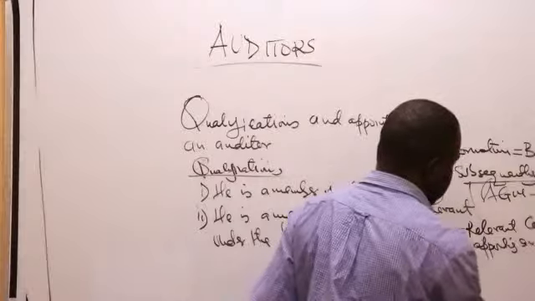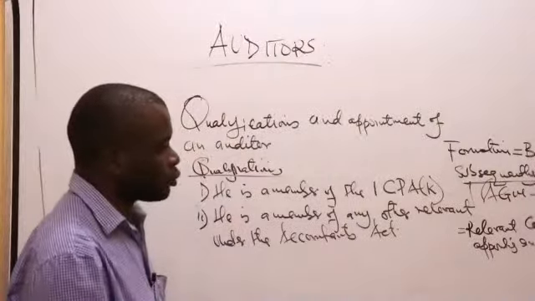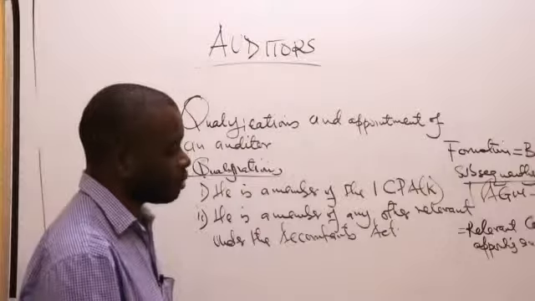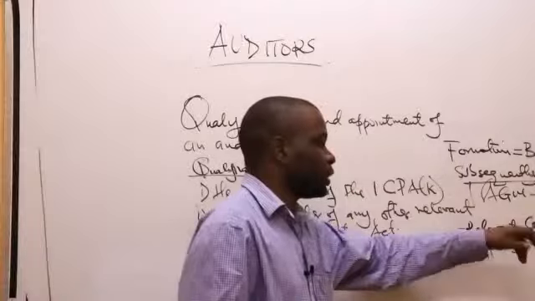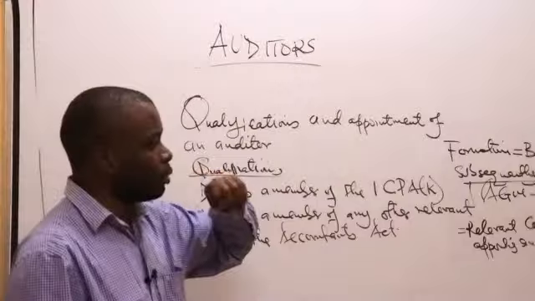For example, it is a parastatal under the Ministry of Education, and they haven't been able to appoint an auditor, so the cabinet secretary can step in and appoint an auditor for such a corporate body.